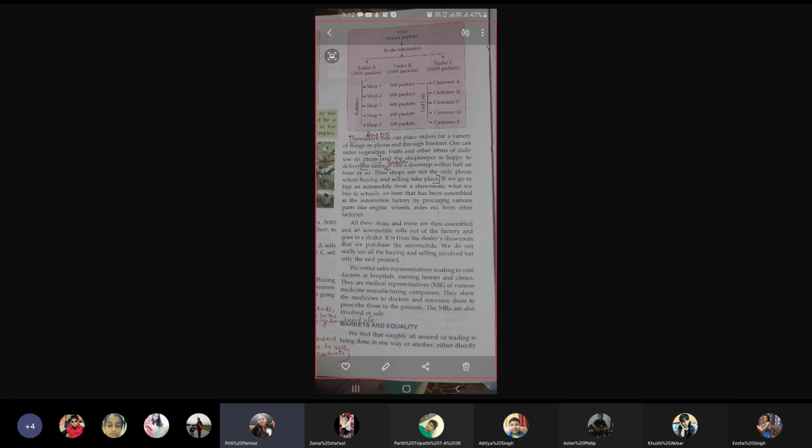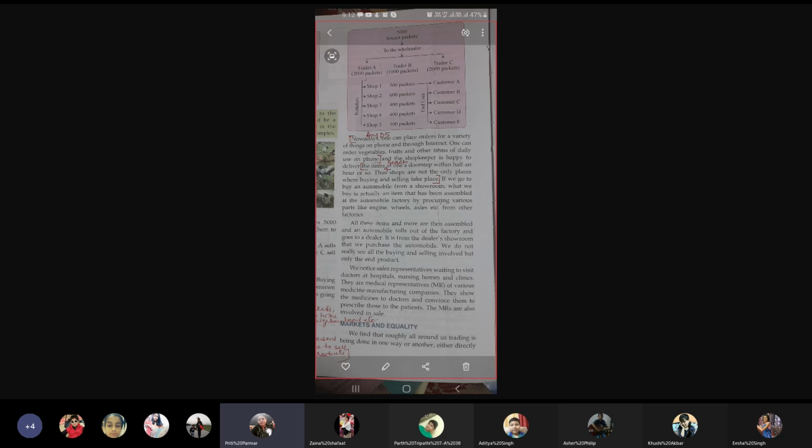Okay. Then we talk of markets and equality. Now, obviously, the rich people have more money and they could buy anything. But markets, they are telling you, should be encouraged in trading and it should be open for all. Clear? And there should be equality.